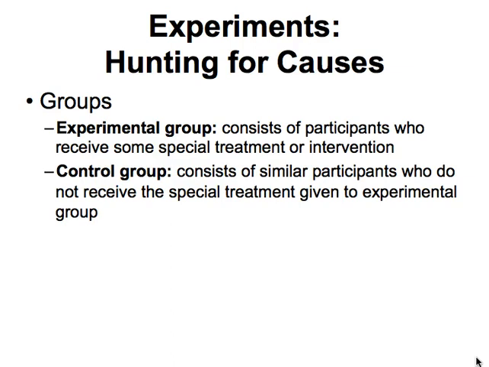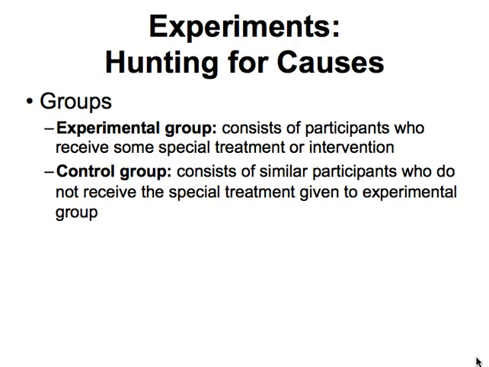Random sampling is the process of selecting people from the population to be in the study. Random assignment is the process of assigning people from the sample to be in one of the groups or conditions, experimental or control, of the study.